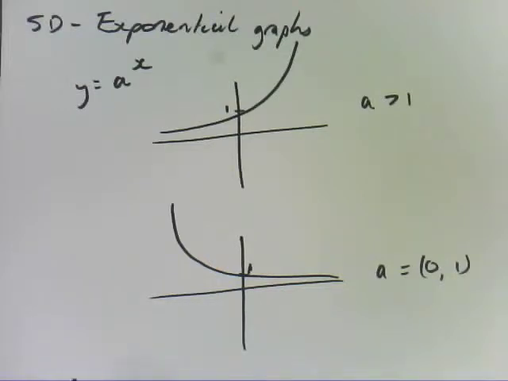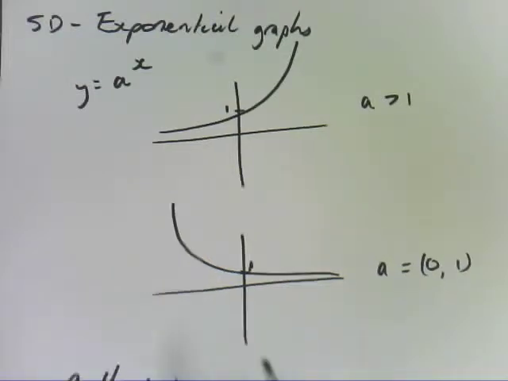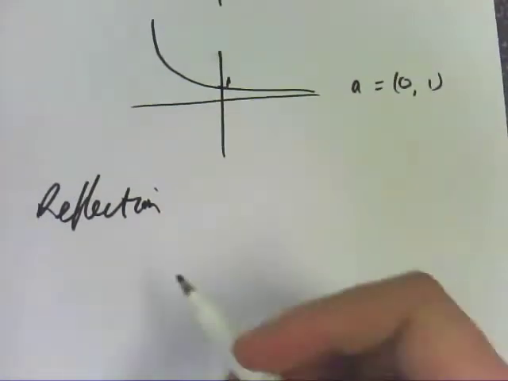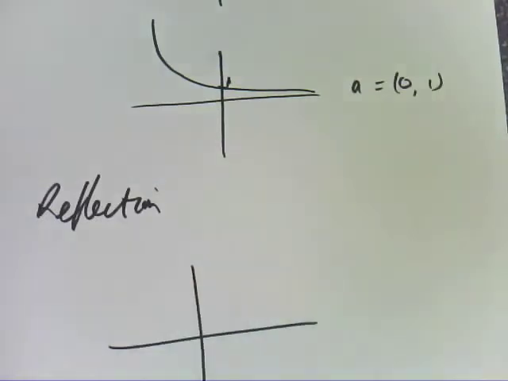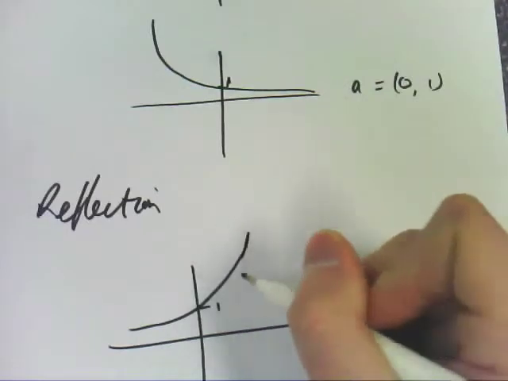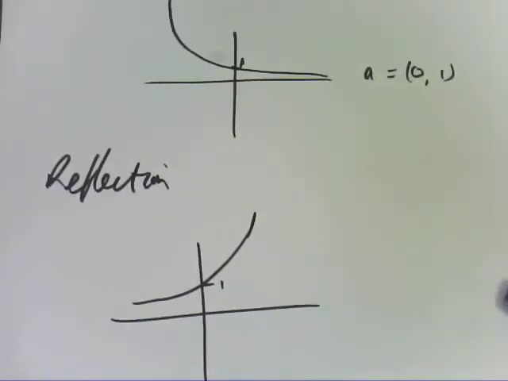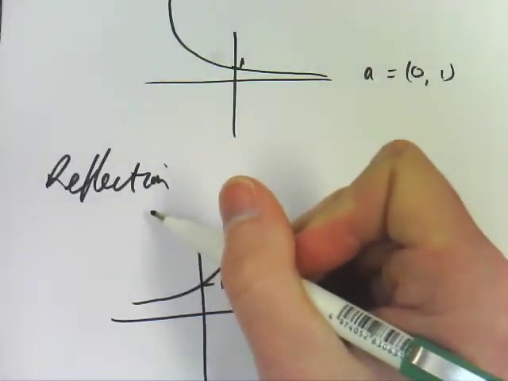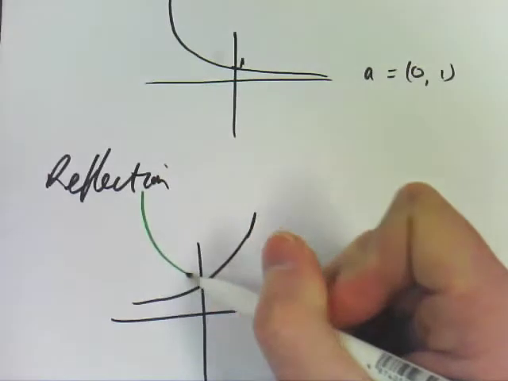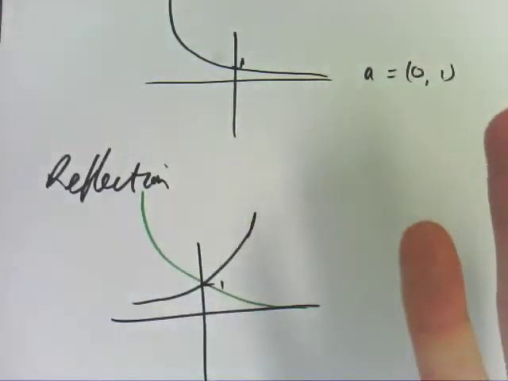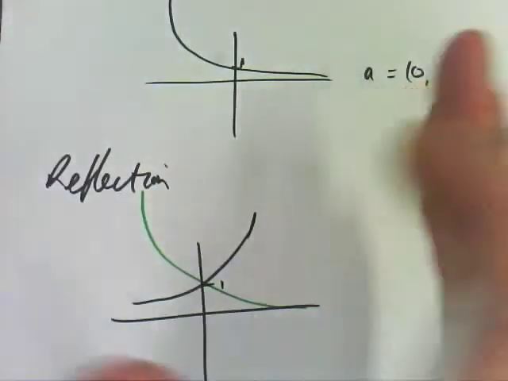So if we're doing a reflection, if we use our base graph of that, so it's an increasing exponential function, and I want to reflect it this way. What's that going to be? Okay, it's reflected around the y-axis, so it's flipped that way.